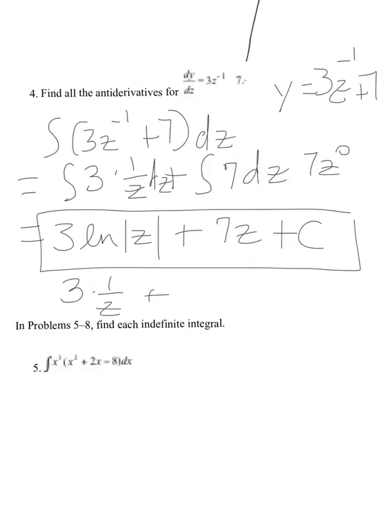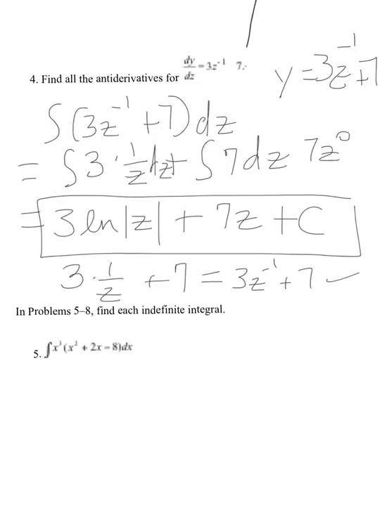It becomes 7. So if I wanted to clean this up a little bit, instead of leaving it as 3 times 1 over z, and I'm trying to see, would it be the same thing I started with, couldn't I write that as 3z to the negative 1 plus 7? That's how I know it's right. Okay? You can always differentiate your answer to see if it gives you back what you started with.